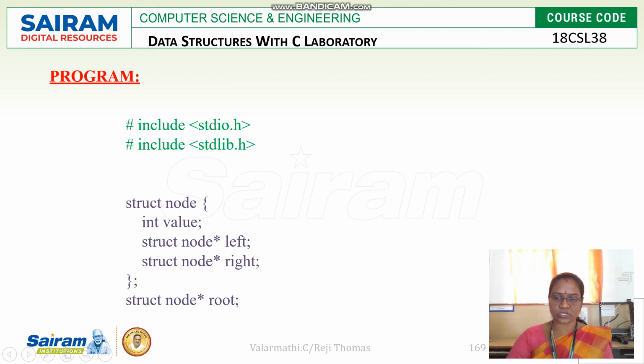It uses the structure type: struct node, with int value, which is the data to be stored in the node. Then it has two link pointers, a left pointer and a right pointer, and this structure is itself declared as a pointer variable. These are the common statements for declaring a node. I hope you understand. We have already studied this in the previous examples also, right?